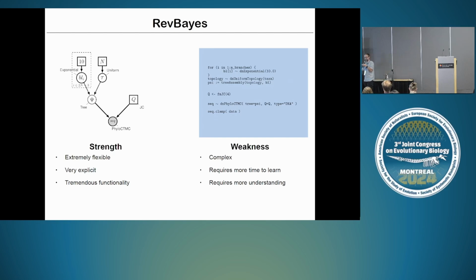Over the years, it has gained tremendous functionality. There are so many different models that you can implement. I can't even list all of them, and probably half of the features are not even documented. So just ask people if you want to know more about how to do these things.